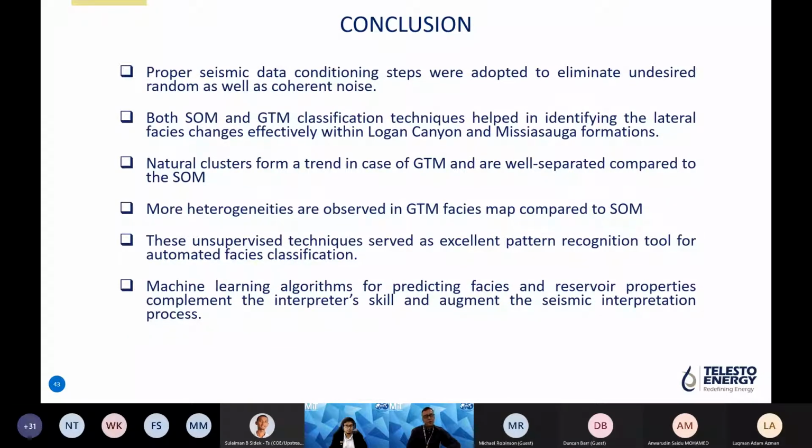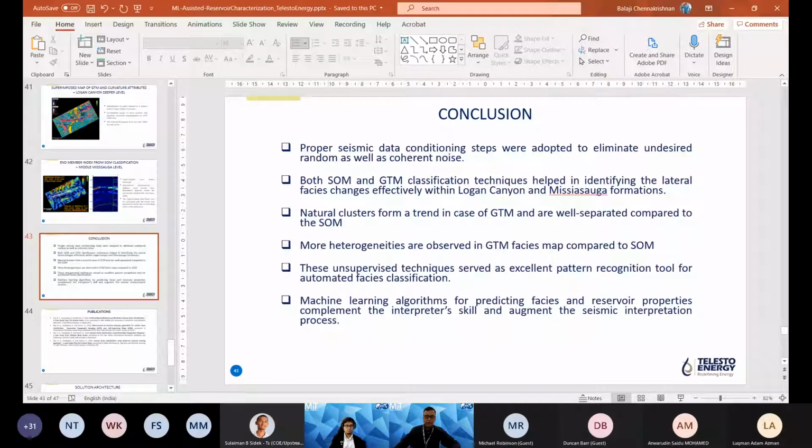One important thing is the clusters are formed naturally and they are very distinct, and they also bring out the geometrical relationship within the phases. GTM is better in terms of addressing the heterogeneities. This is what we observed, an excellent pattern recognition tool for seismic phases classification. That concludes my presentation.